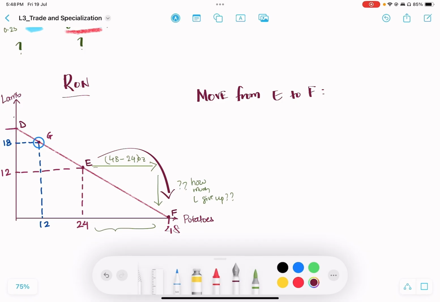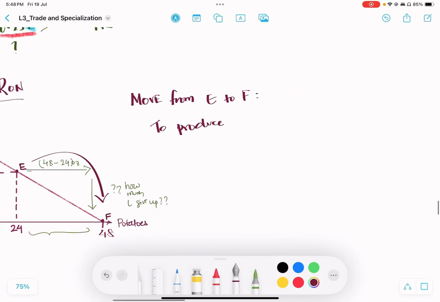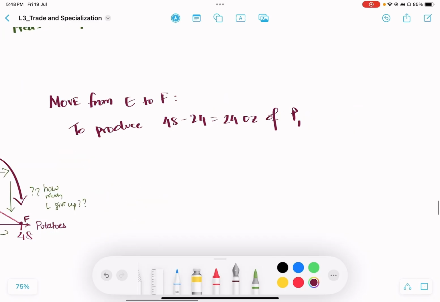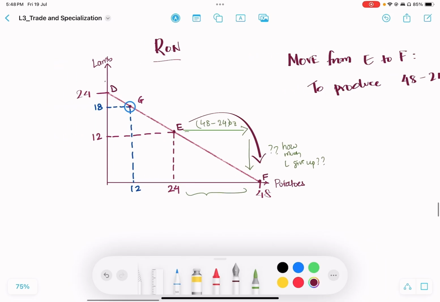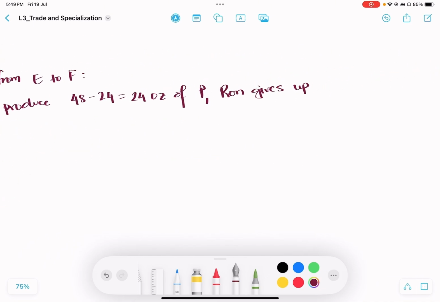We're saying that to produce, let's actually do 48 minus 24, which is equals to 24 ounce of potatoes. Ron gives up, how much does he give up? This is how much he's giving up, right? So he's basically saying, well, 12 minus 0. So let's put that here. We're saying Ron gives up 12 minus 0, which is 12 ounce of lamb.